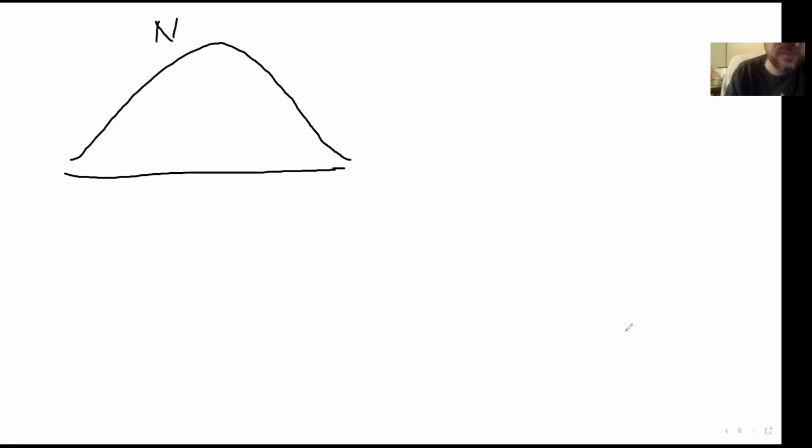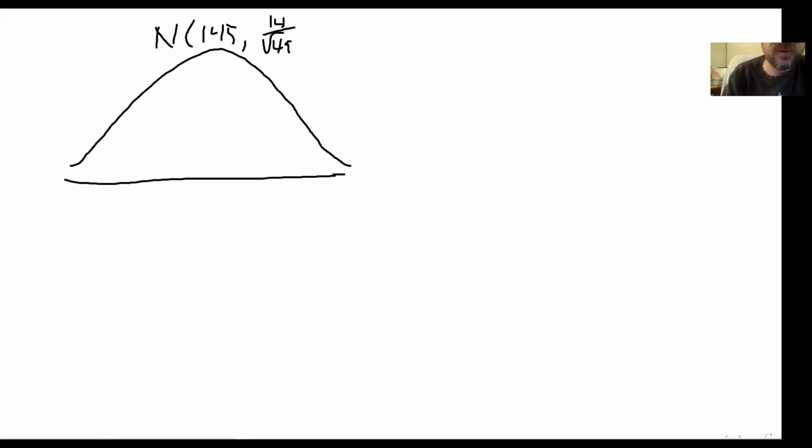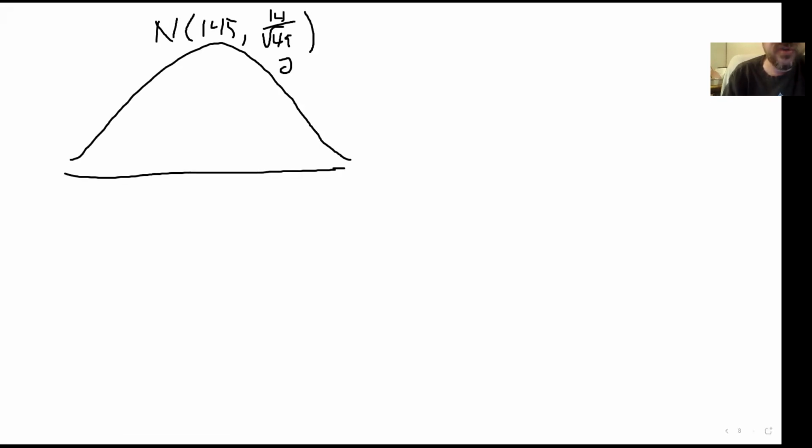All we know is that the sampling distribution is normal, with a mean of 145 and a standard deviation of 14 over the square root of 49, which is just 2.